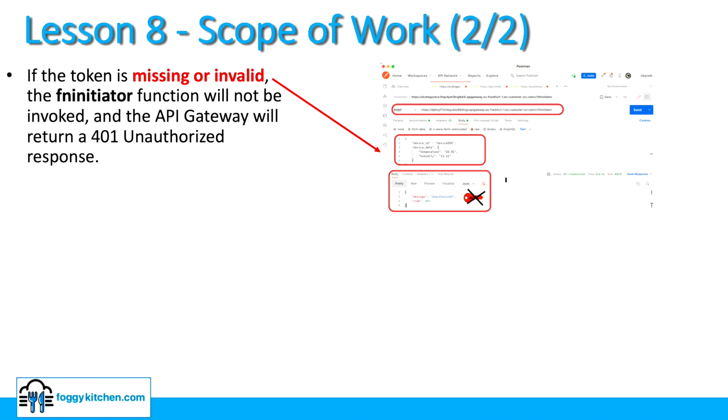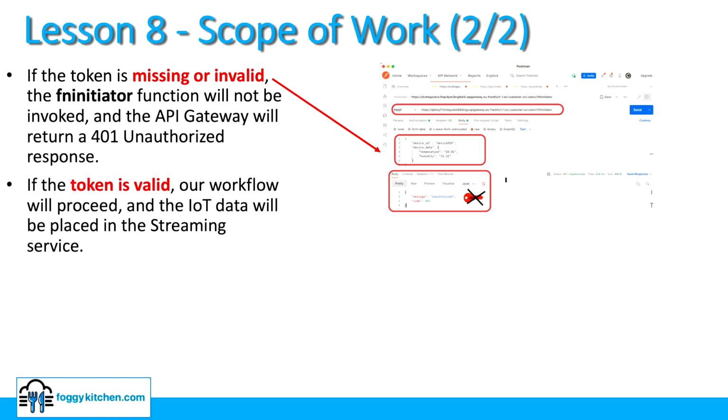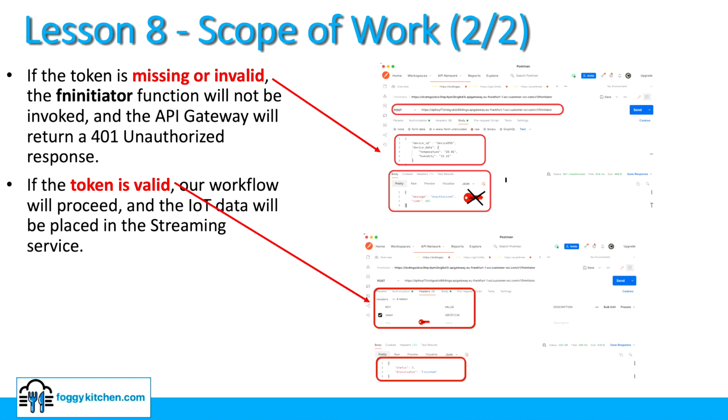This is exactly what you can see in Postman on the right. In the body of the response, we have an unauthorized message, because we are not passing the right JSON Web Token. If the token is valid, our workflow will proceed and our IoT data will be placed in a streaming service, and here is the example.